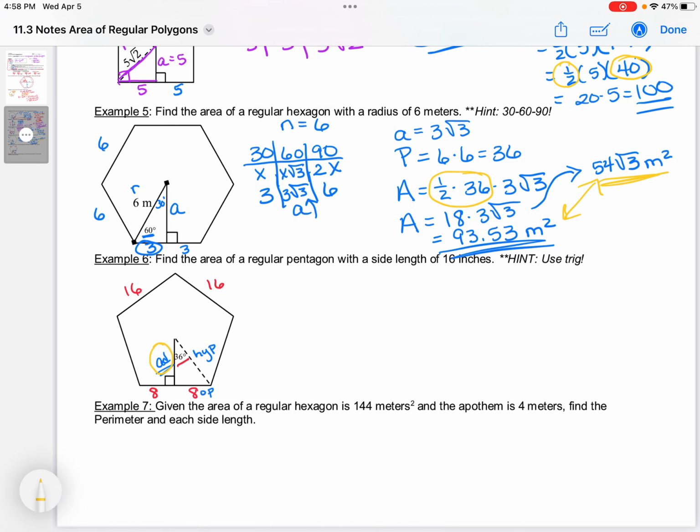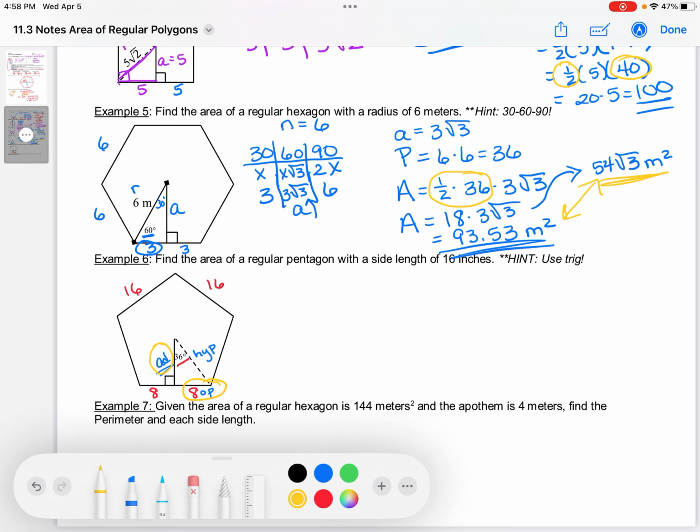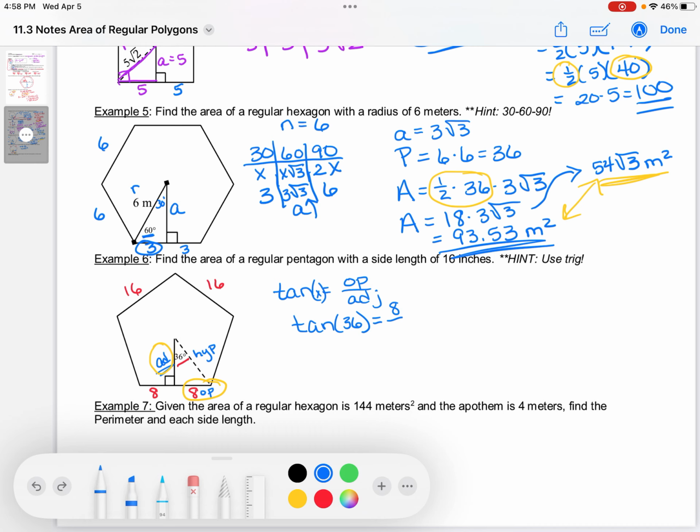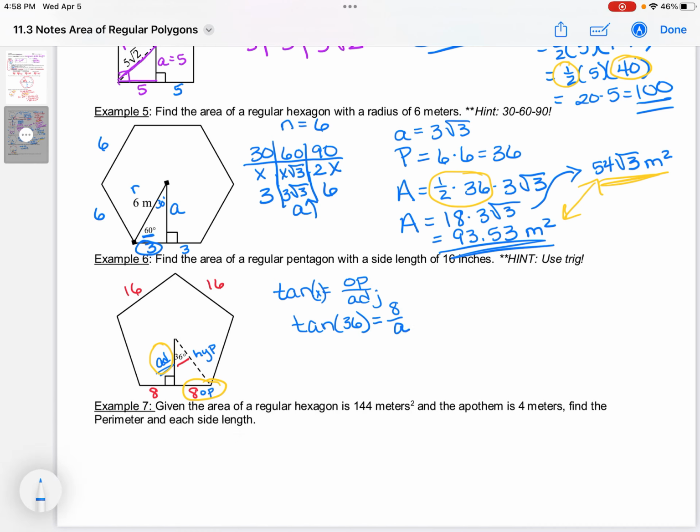So we're using opposite and adjacent, which, if I remember correctly, is tangent, TOA: tangent equals opposite over adjacent. I forgot to put my x right there. So tan 36 equals 8 over x, or little a. We'll put little a right there because that's going to be our apothem.